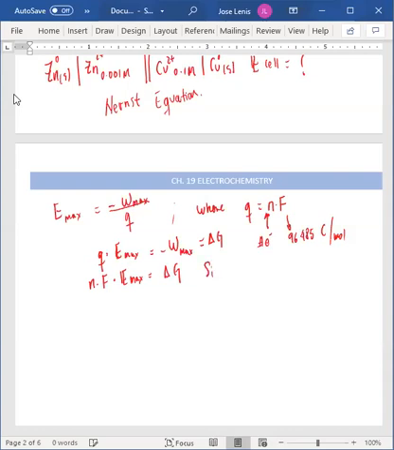And since E max equals the standard potential of the cell, then delta G, for a system to be spontaneous, has to be negative: delta G equals negative NF times the standard potential of the cell.